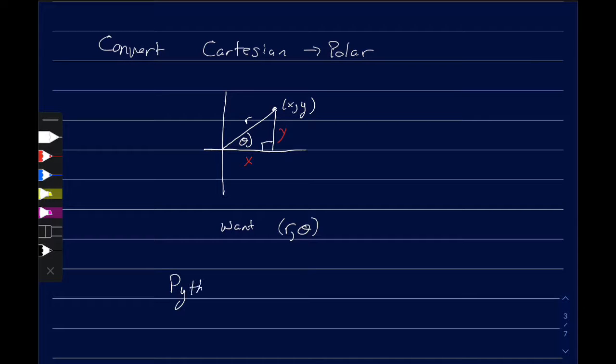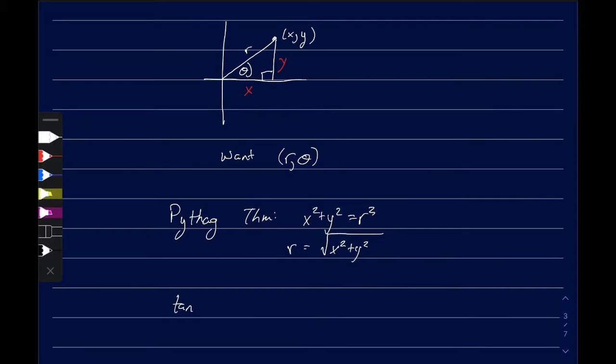So the Pythagorean theorem tells us that x squared plus y squared equals r squared. And taking the square root of both sides, we get r is the square root of x squared plus y squared.